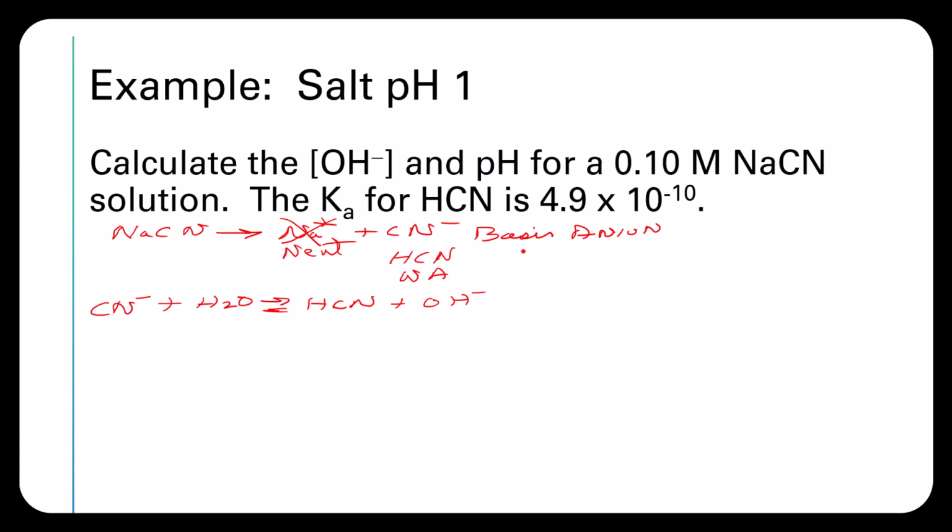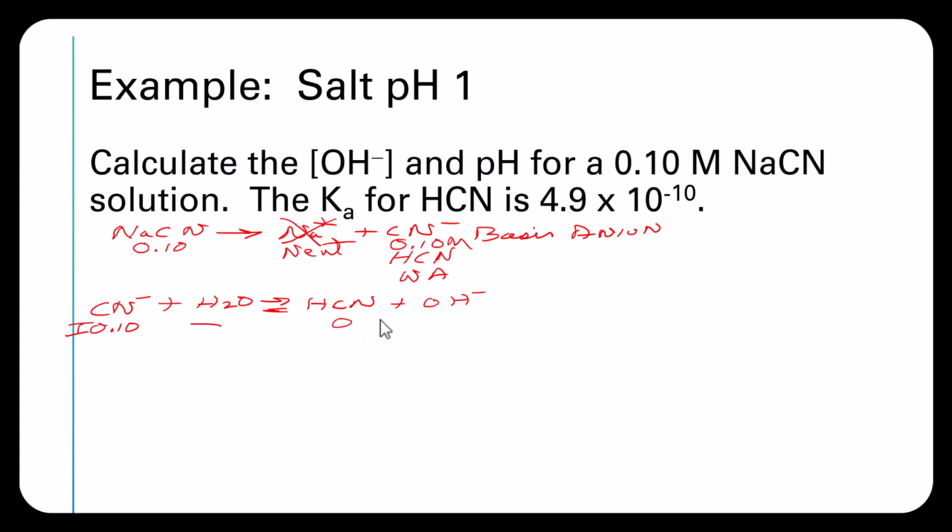A couple of things that we need to sort out first. When this dissociated, if this was a 0.10 molar solution of sodium cyanide, then the concentration of both sodium cation and cyanide is also 0.10 molar. So that means we've got a 0.10 molar solution to start. That's our initial concentration.